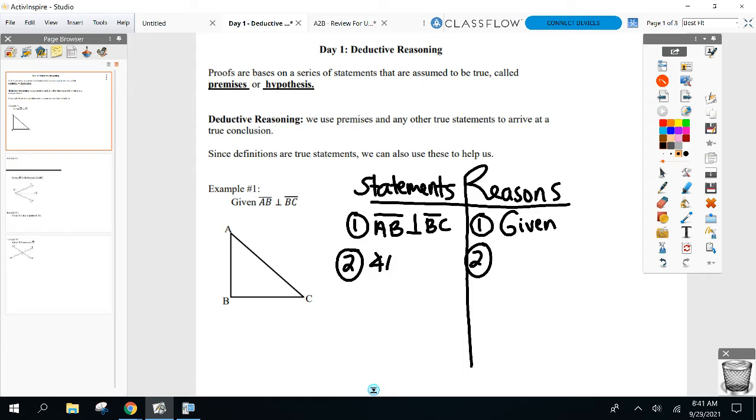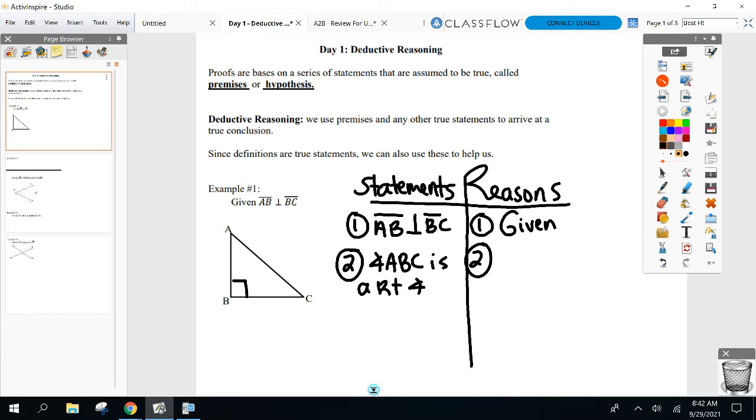Angle ABC is a right angle. Not only write it, mark it. Okay, let's get into that habit as well. Mark it on your diagram. Angle ABC is a right angle. Got it. Mark it on your diagram. Start putting some markings on there.